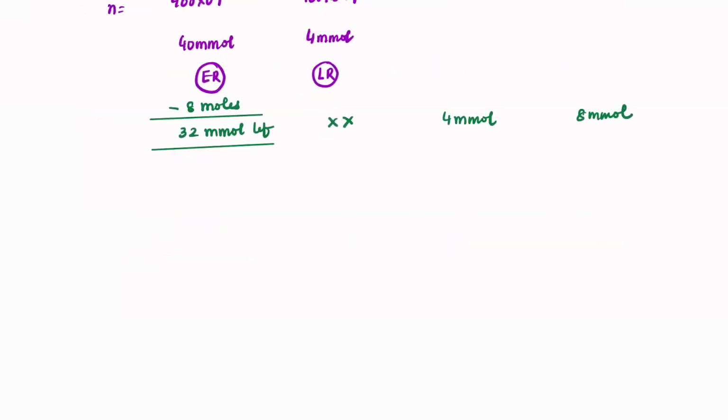And now, since it is NaOH, it will get completely ionized to form Na plus and OH minus. So if there are 32 millimoles, all of that will get ionized to form 32 millimoles of Na plus and 32 millimoles of OH minus.